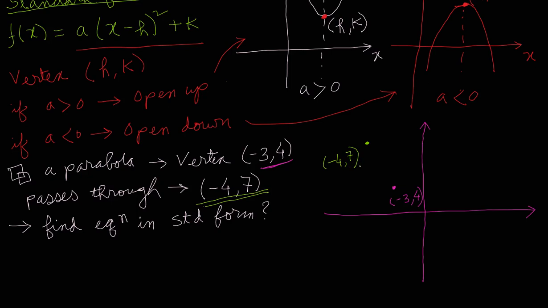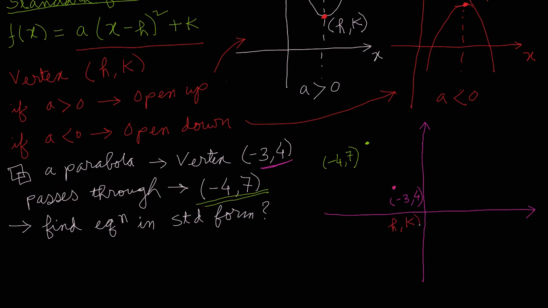Now let us see how we can study this problem. First of all, we denote a vertex using (h, k).